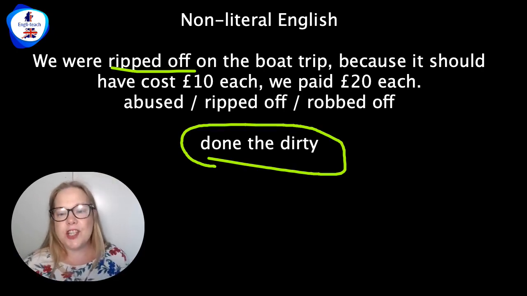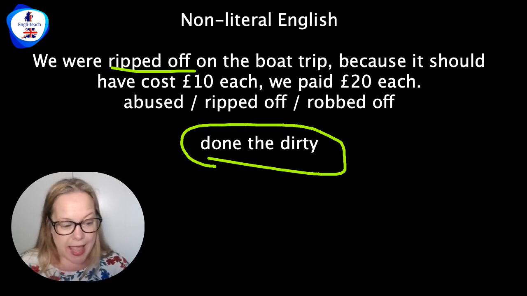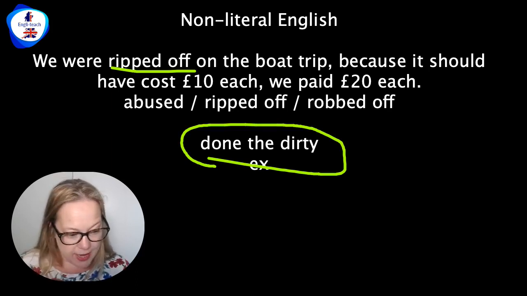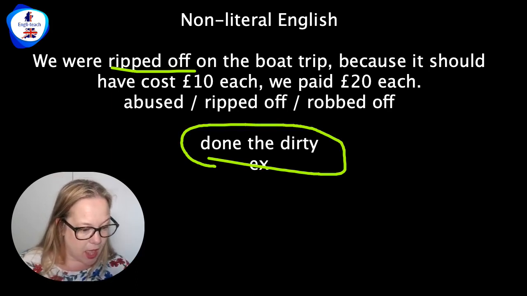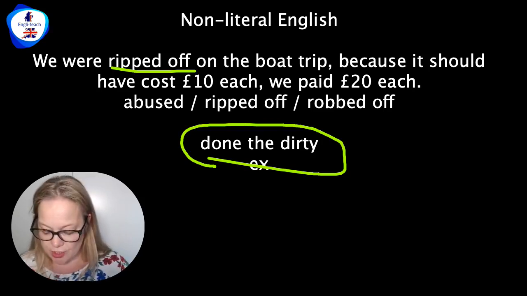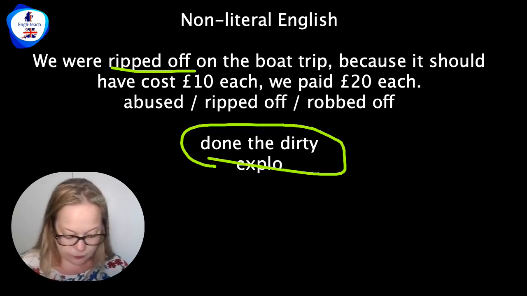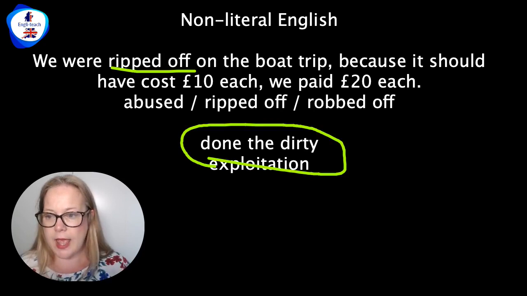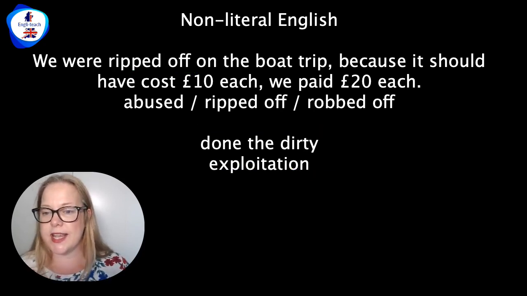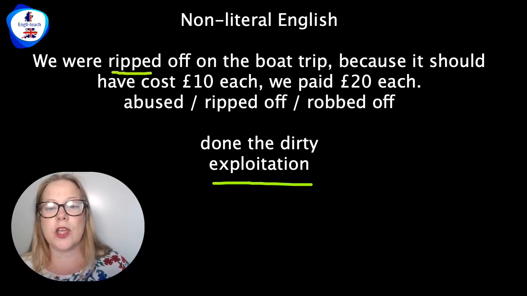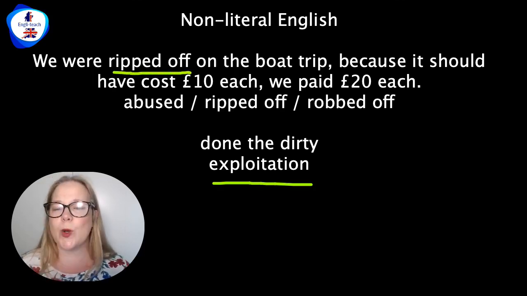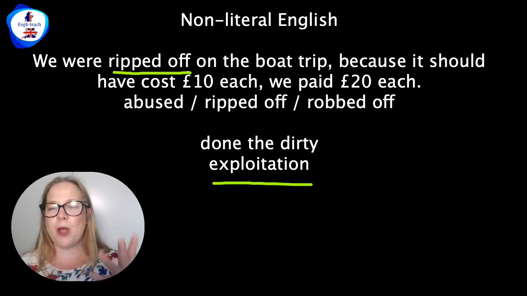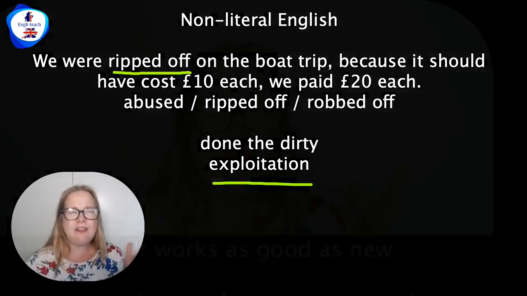So this is non-literal English, but as Abdul quite correctly says, exploitation is basically what is happening. You could say here, we were exploited on the boat trip, but that's quite heavy.